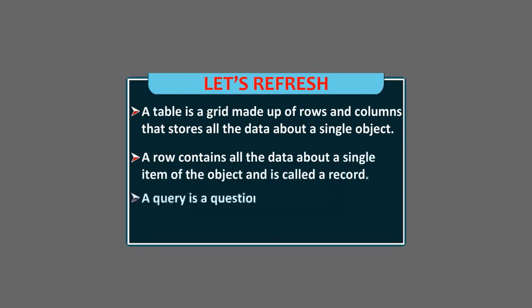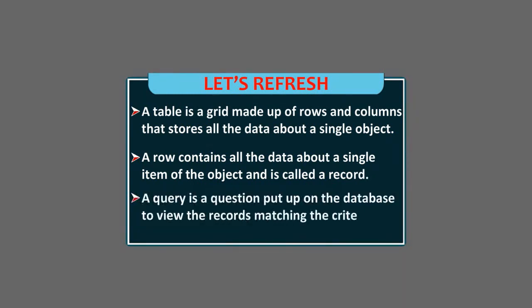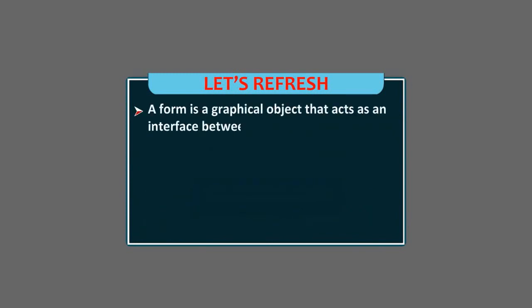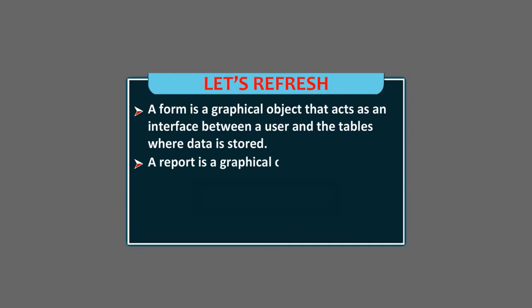A query is a question put up on the database to view the records matching the criteria defined. A form is a graphical object that acts as an interface between a user and the tables where data is stored. A report is a graphical object that presents data in a formatted layout.